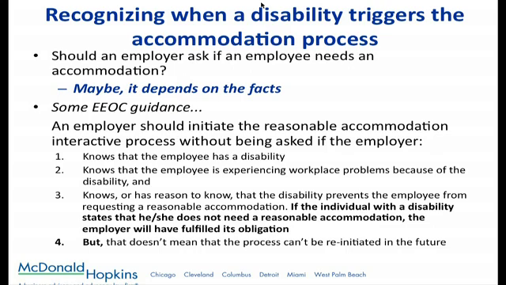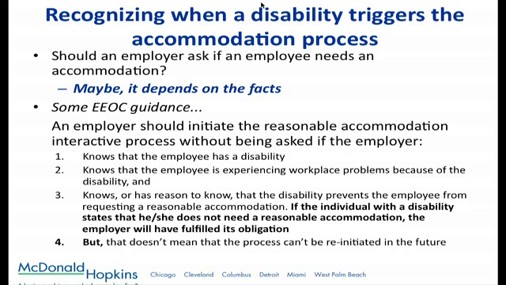So it's a situation where an employee has a known disability. The employer knows that the employee is experiencing a workplace problem because of that disability, and knows or has reason to know that the disability prevents the employee from requesting a reasonable accommodation. Those are the steps, or the threshold, that we're looking at as far as when the employer can initiate that.